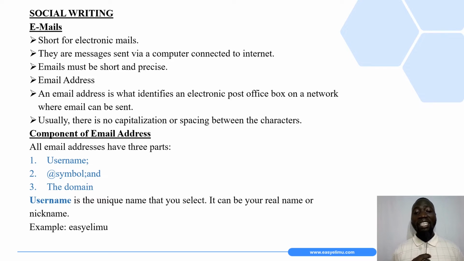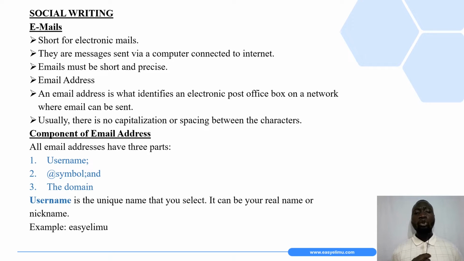So here we are dealing with an electronic post office box, but not the manual post office box, where you can write letters and take them to a post office so that they are sent either by vehicle or flight to another place.